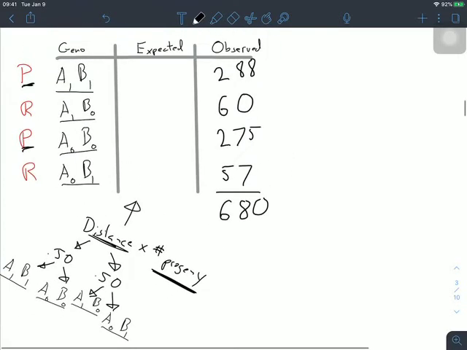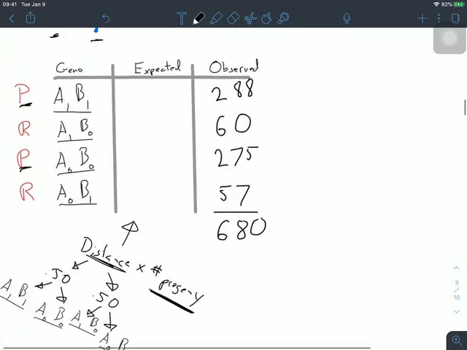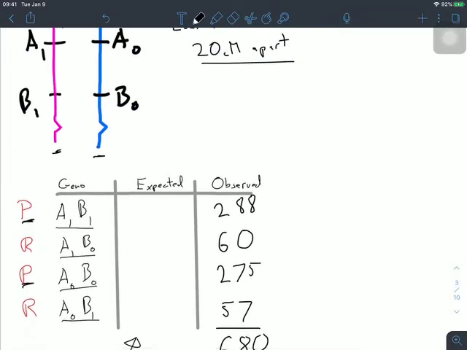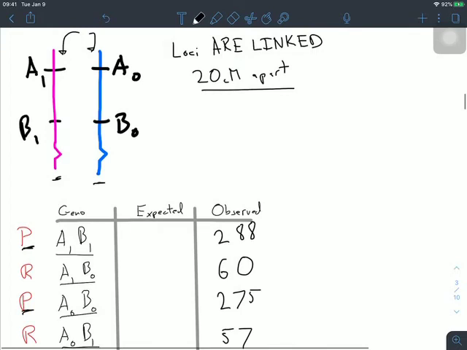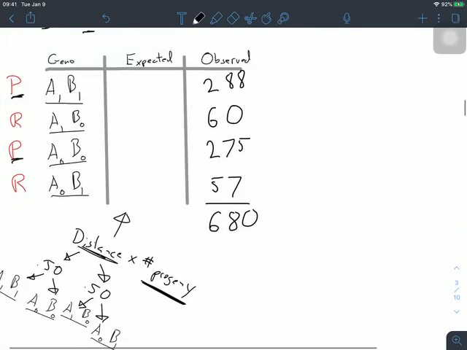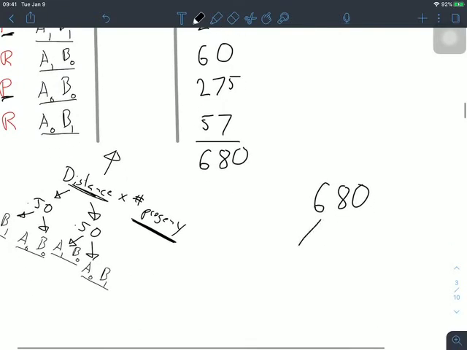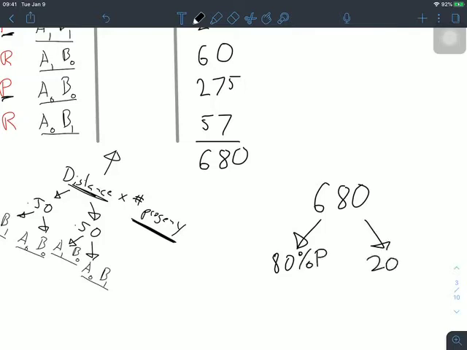So now, let me scoot this just a bit over so we have our space. How do we figure out what the expecteds are for this? If you have 680 progeny and you expect the parentals and recombinants to be 20 centimorgans apart, that means 680 is going to be divided into 80% parental and 20% recombinant.